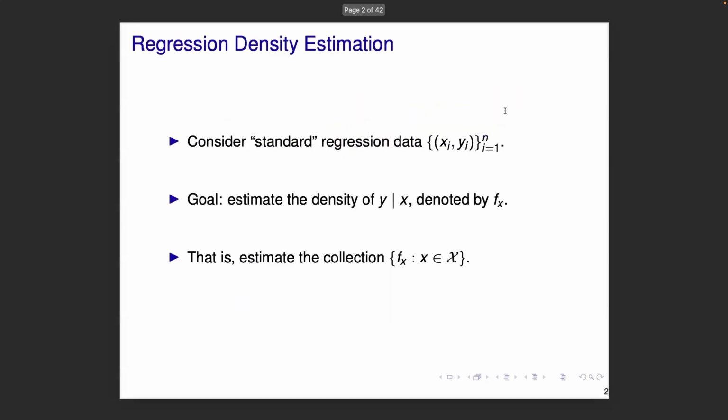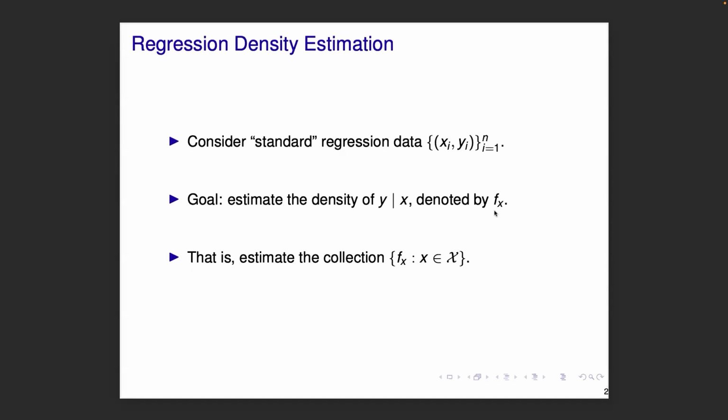So let's start with this familiar setting where we have regression data and our response is univariate or multivariate. We have our predictor X. And the idea here is to estimate the density of Y given X, and we can denote this as F sub X. So technically, for each X we have a density that we want to estimate.